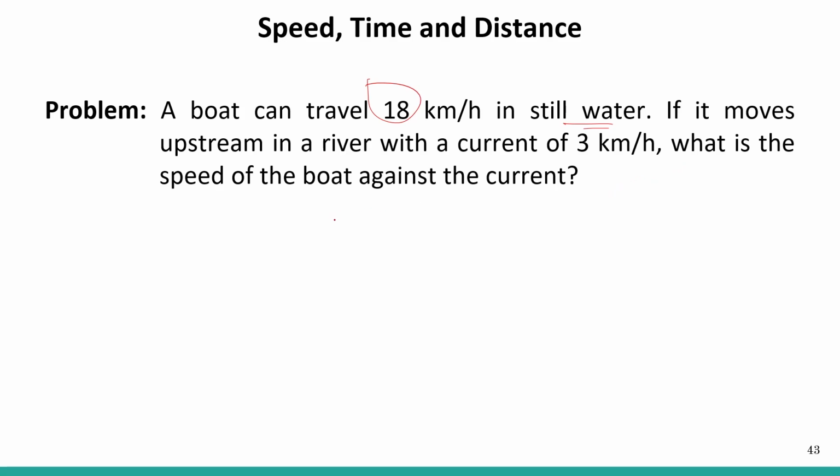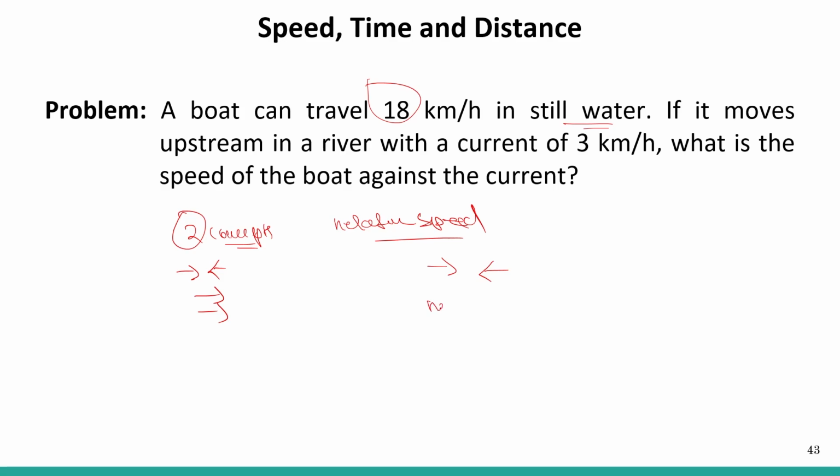So against the current, its speed will be the relative speed. We know that in relative speed we have only two concepts: either they are moving towards each other or they are moving along each other. Since in this case it is moving upstream, their speed will be in opposite direction.